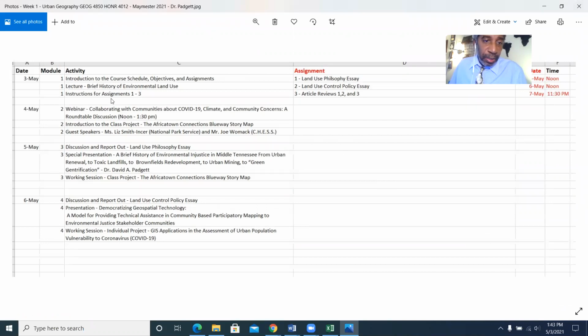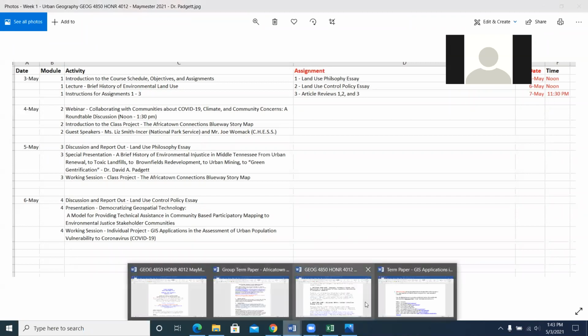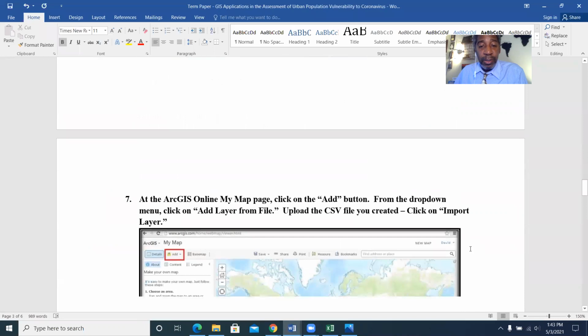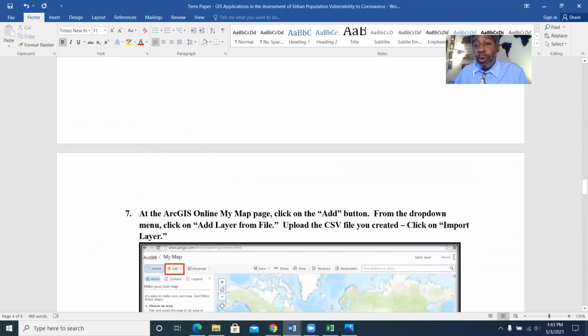As you can see, on the 6th, Thursday, we're going to have a working session on the individual project. So if you are looking at these instructions or thinking, oh my gosh, I have no idea what we're going to be doing, don't worry.